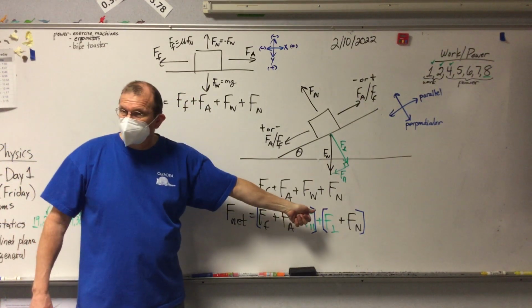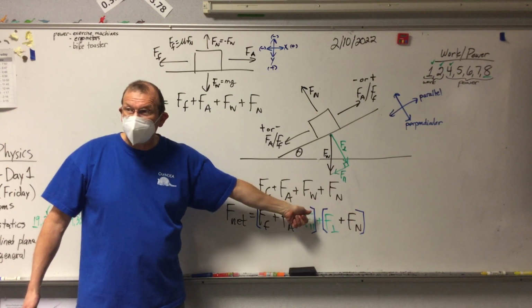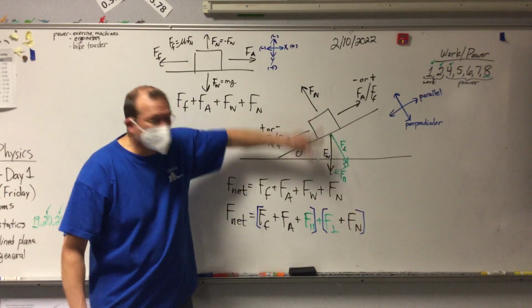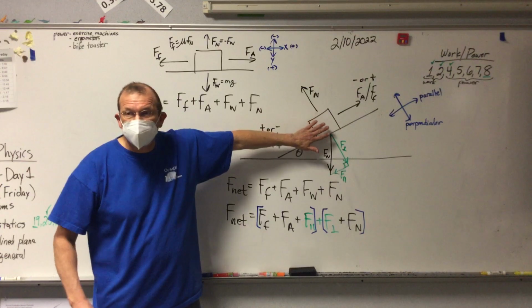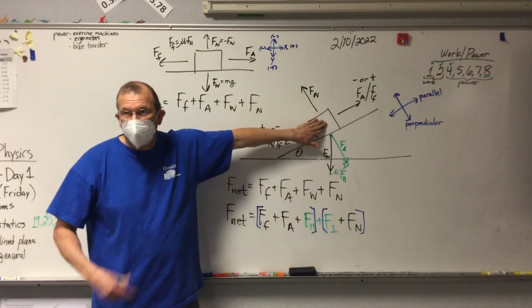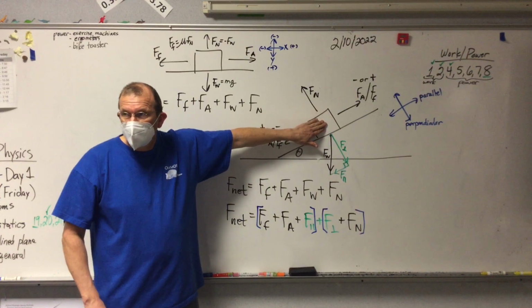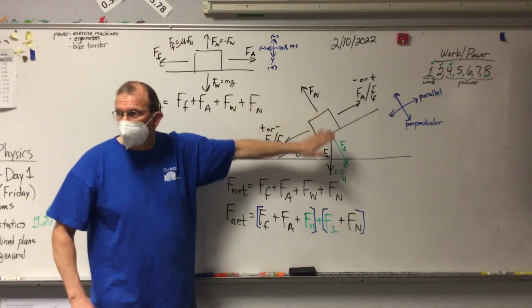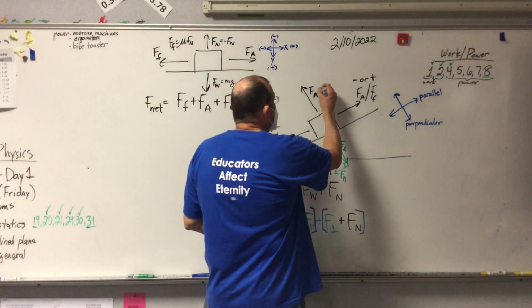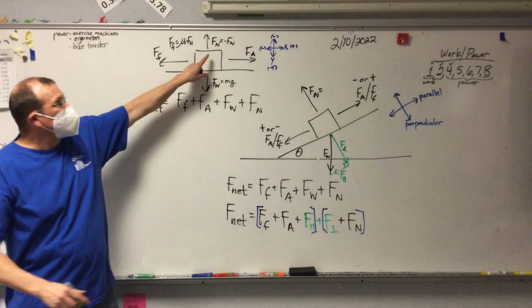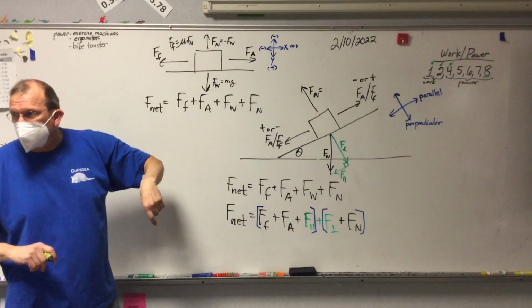Here, same thing. They are equal but opposite to each other. If it was not true, what would be happening to this as it moved up or down the inclined plane? It would either be floating off of it or sinking down into it. So, in this one, we said Fn is the opposite of Fw.